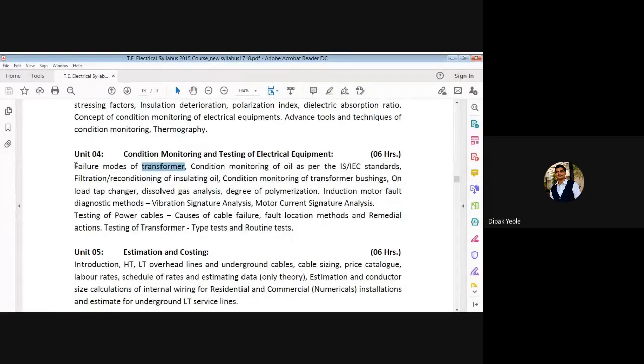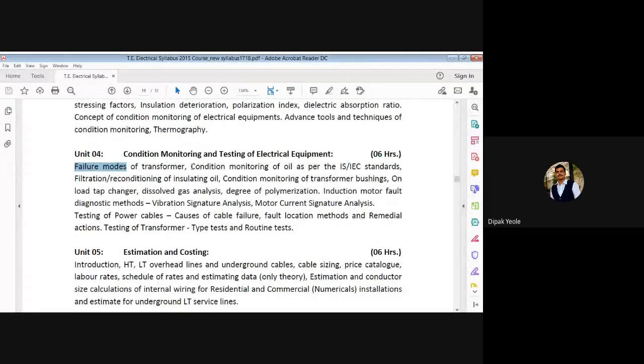In the last class, we saw the failure modes or the failure causes of the transformer. Basically, the failure modes are internal and external: because of internal faults the transformer can fail, or because of external faults the transformer can fail. That is why we are interested in these failure modes.